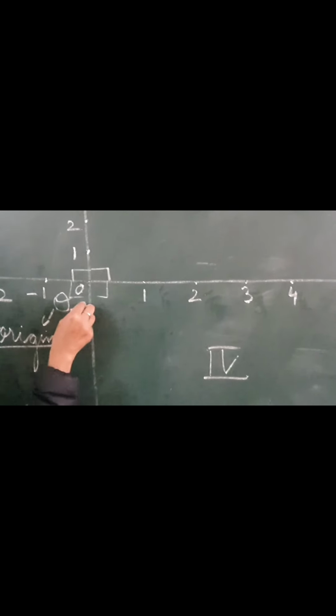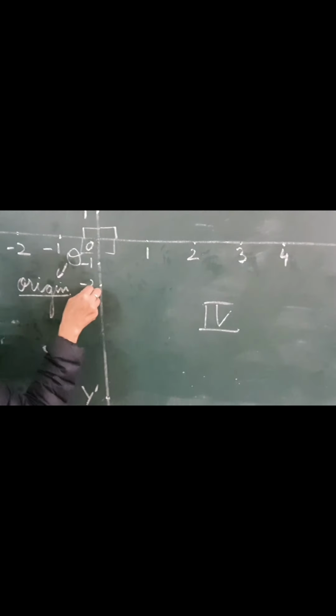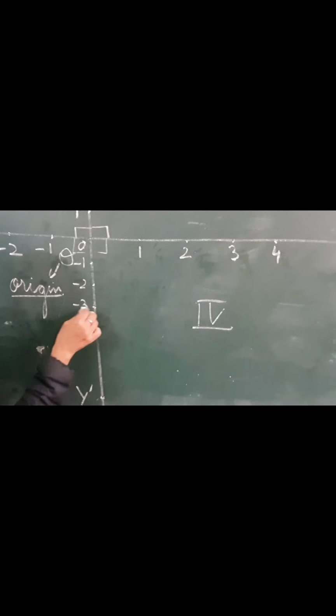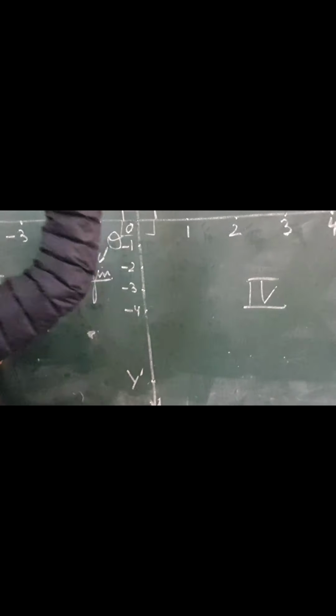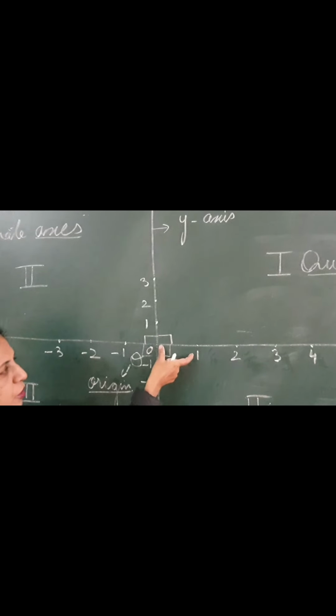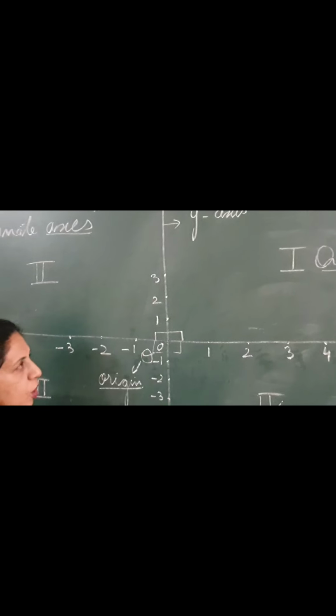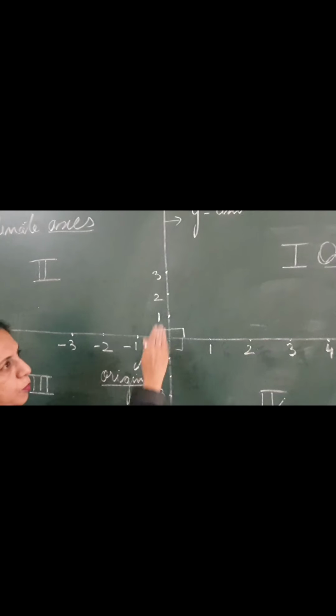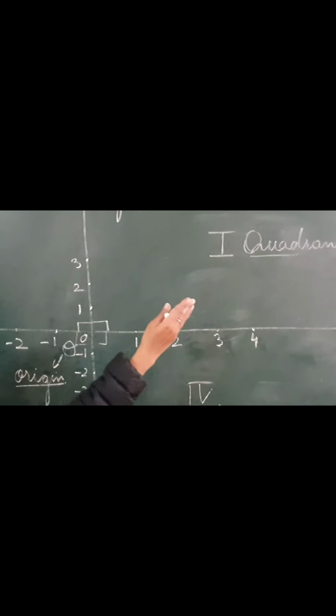Now below 0 we have all negative points, -1, -2, -3, -4 and so on. And these arrowheads are very important to mark because these are lines. This gap can be the same, or this gap can be different. Whatever unit you have taken on the y-axis, you have to mention what division you have taken on the y-axis and what division you have taken on the x-axis.